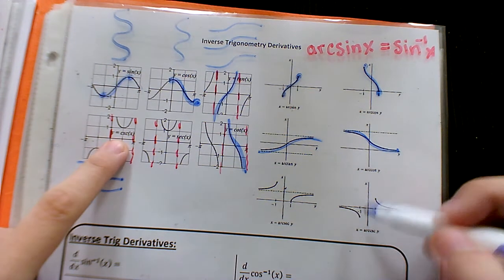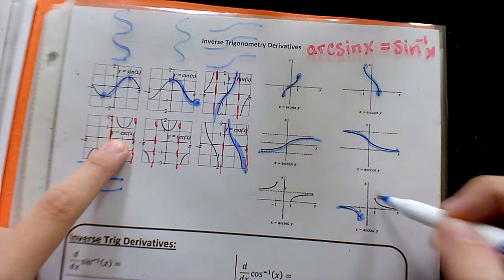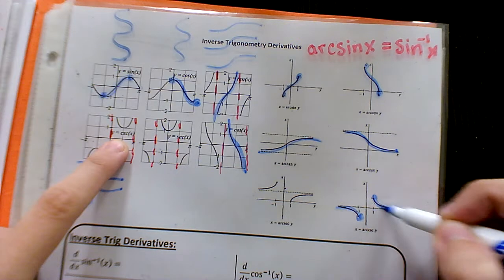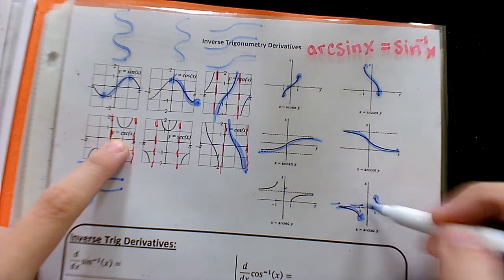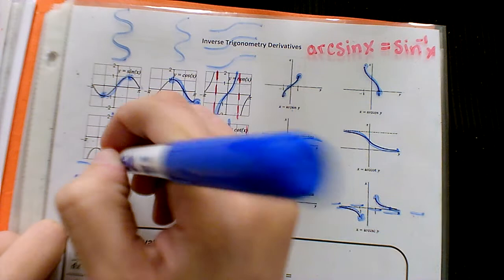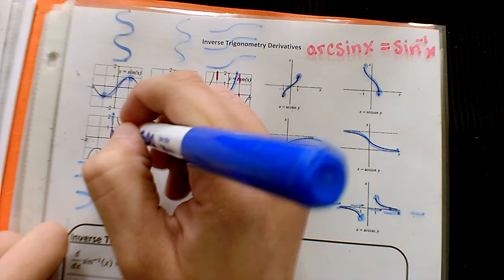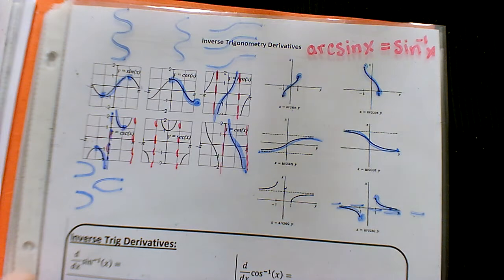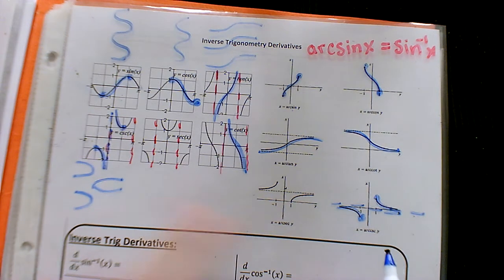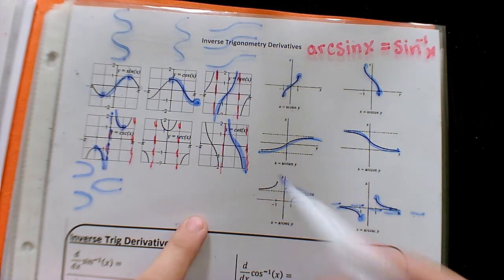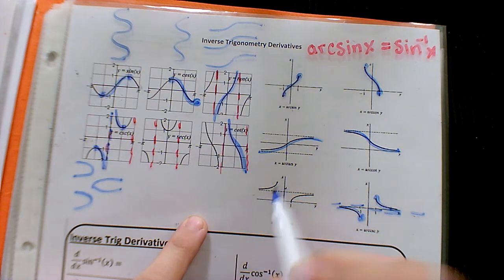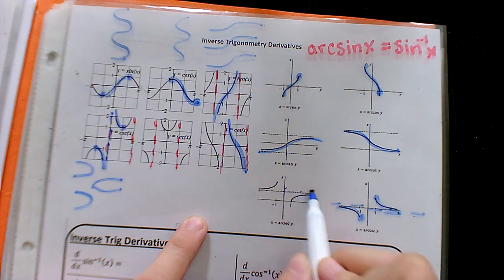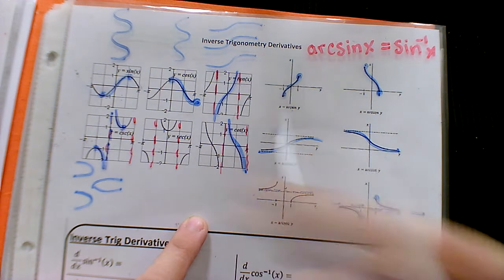So for this cosecant graph, which happens to be this bottom right-handed one, notice how we have that asymptote at 0. So we're keeping this asymptote, and we're just using half of the parabola on either side of that asymptote. And then the same thing's going on with secant. Notice how the asymptote is positive. It's above the x-axis.